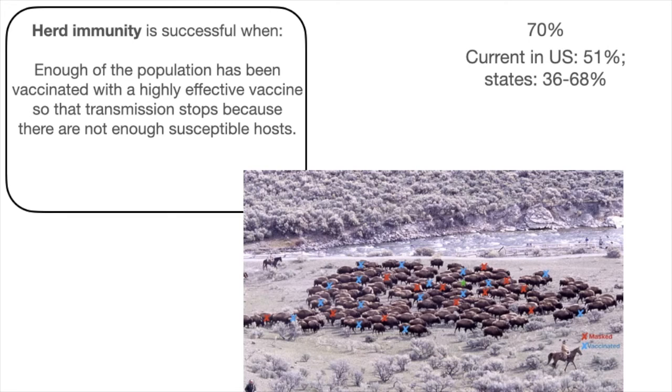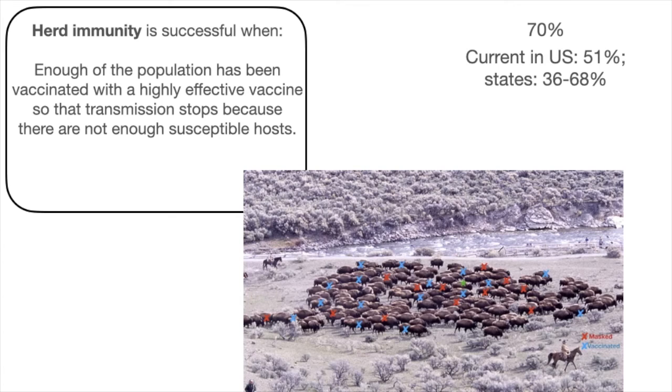Now, what we know in the U.S., and this is mid-August, currently the percentage is 51%, not close enough to get herd immunity. And of course, infectious diseases are local, and the different states range from having a 36% vaccination rate, very low rate, and some of them reach 68%, which is getting close to herd immunity.